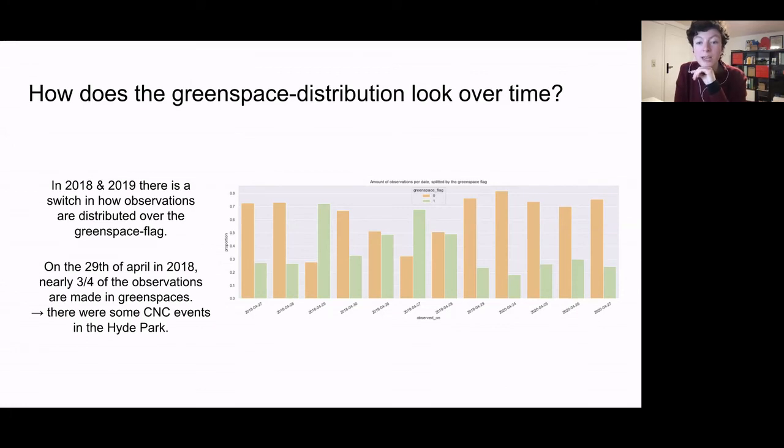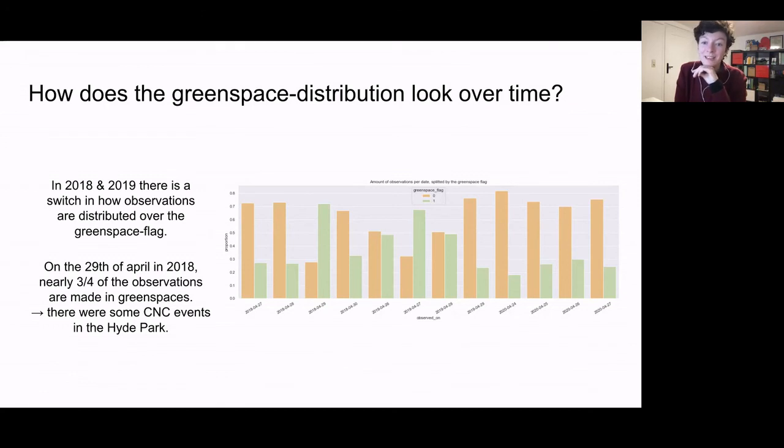And again, we have the same phenomenon in 2019, where there are substantially more observations made in green spaces on the 27th of April. But I couldn't find any event for this, searching on the internet. But probably there was some event as well, which led people to do more observations in green spaces.